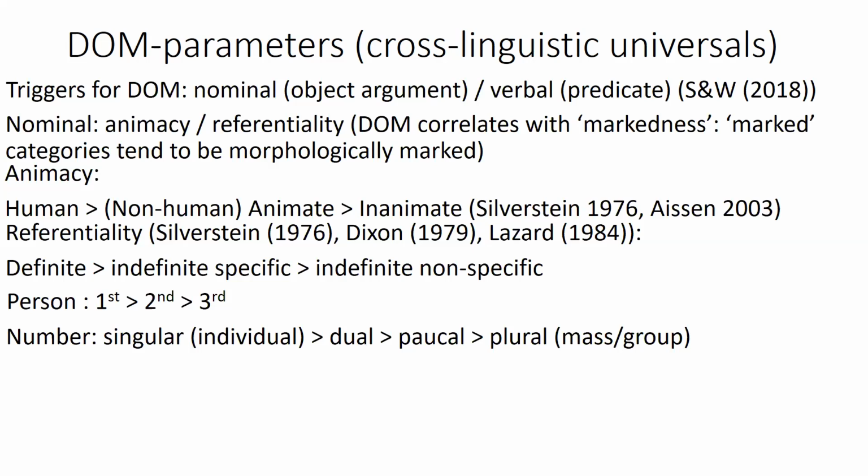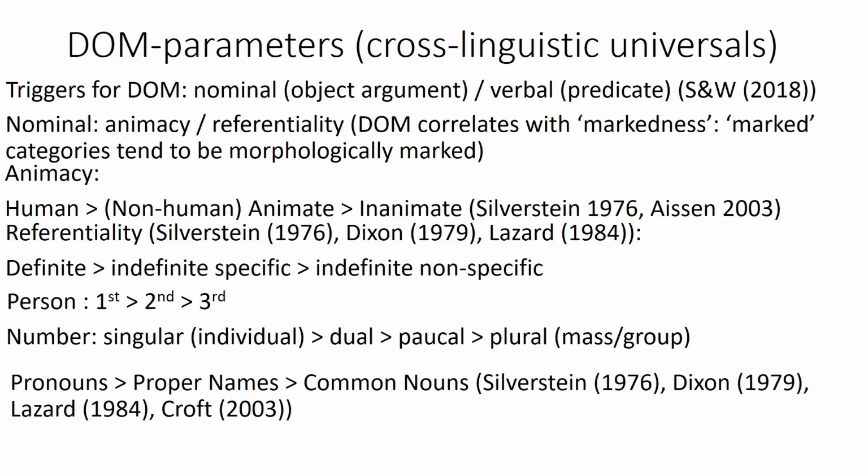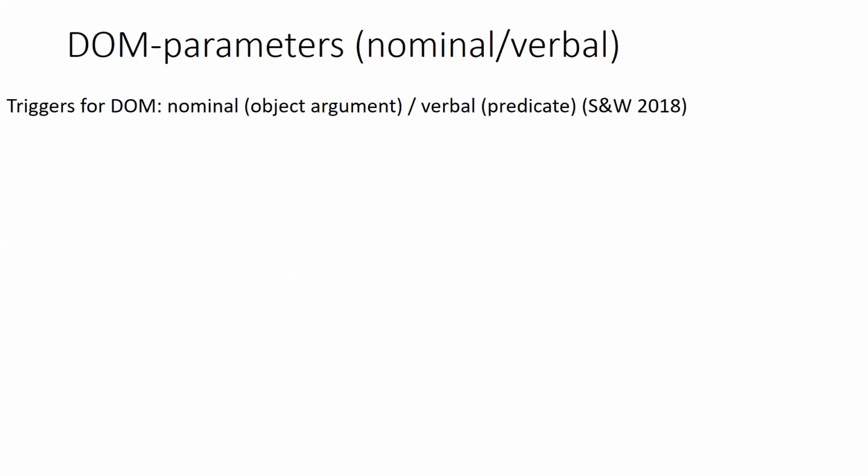Singular is more likely marked than plural. And some verb types also play a role in this nominal hierarchy. Pronouns tend to be more marked than proper names, which tend to be more marked than common nouns. So that's a nutshell of the nominal factors behind DOM.